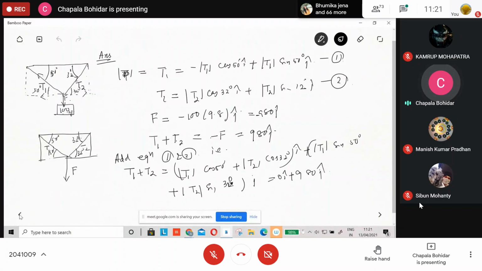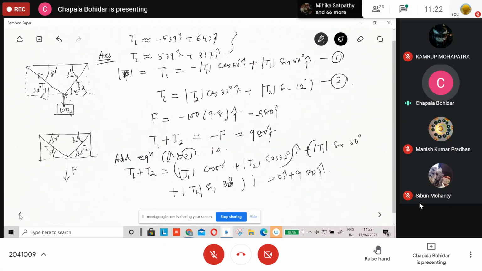T1 is equal to the magnitude multiplied by cos 50 degree. Here we get T1 is nearly equal to minus 539 i cap plus 643 j cap. T2 is approximately equal to 539 i cap plus 337 j cap.